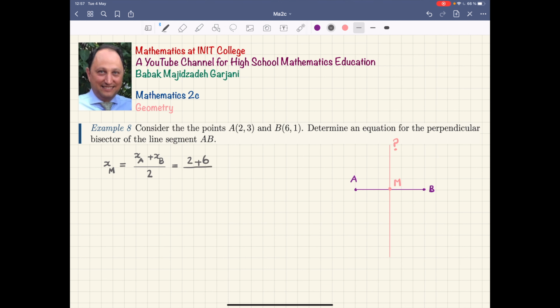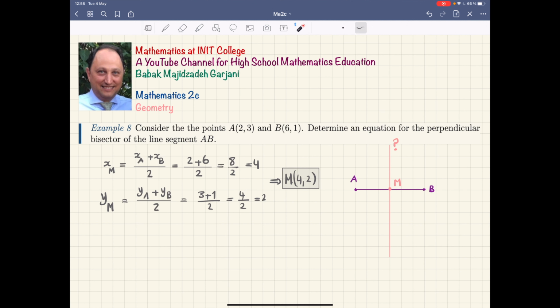Then I divide by 2, so 8 over 2 is 4. And then I do the same thing for y. The y coordinate of point M is equal to the y coordinate of A plus the y coordinate of B, divided by 2. So 3 and 1, divided by 2: 4 over 2 is 2. So I conclude that my point M is (4, 2). That is important.